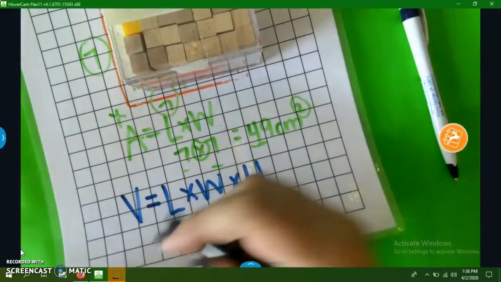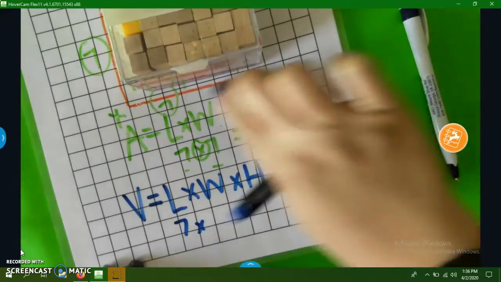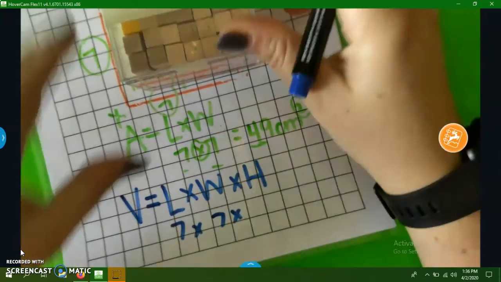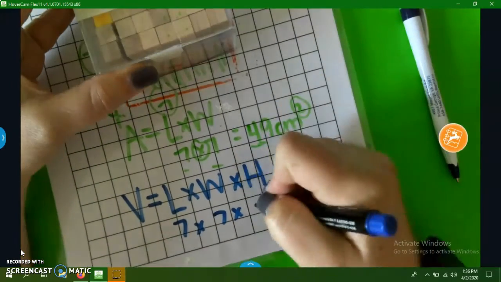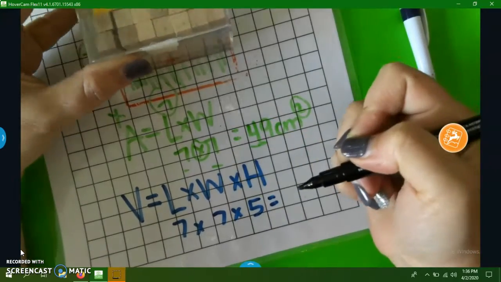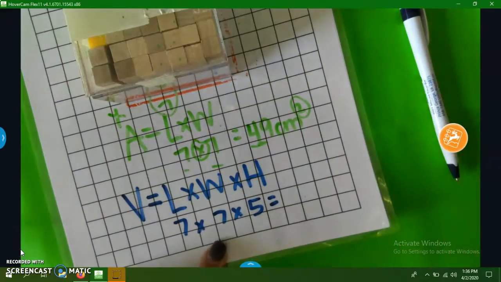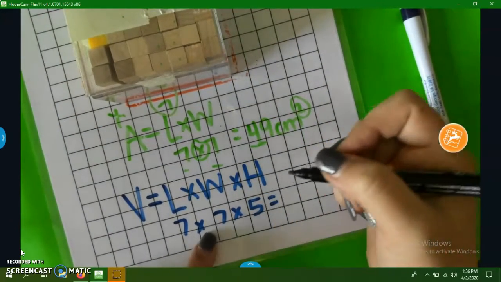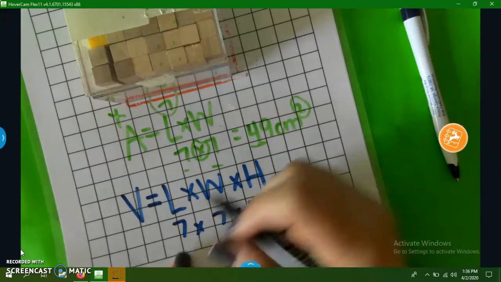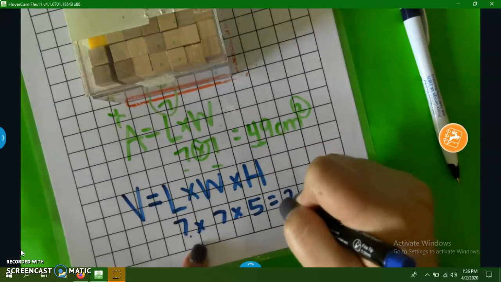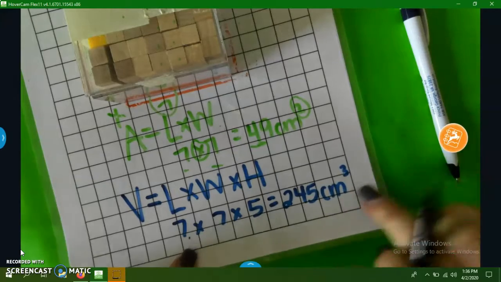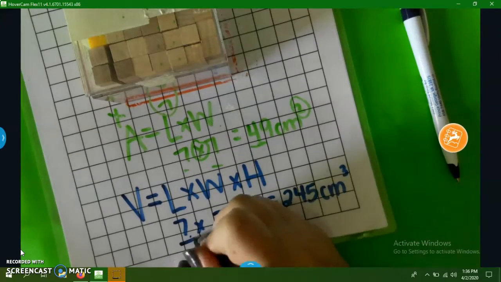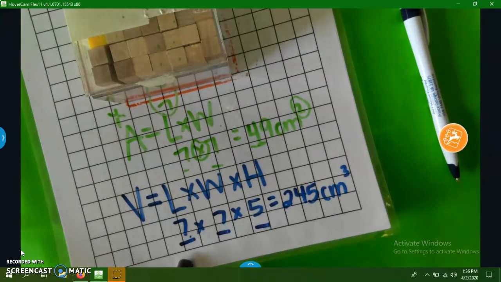This is 7 for length times 7 for width times, we counted 5 up on there, so 5 for height. And I would simply put this in my calculator. You do not have to do this by hand. Type 7 times 7 times 5, which would give you 245 centimeters, and again cubed because we're multiplying 3 things together, length, width, height.